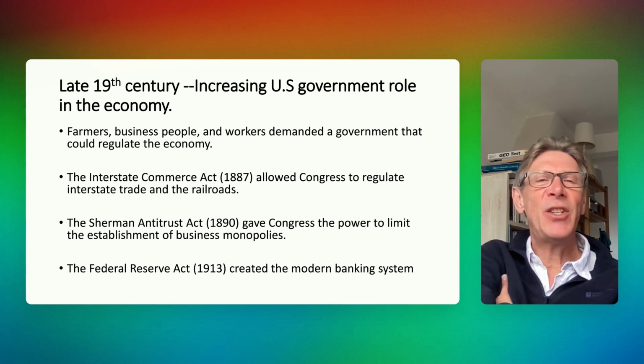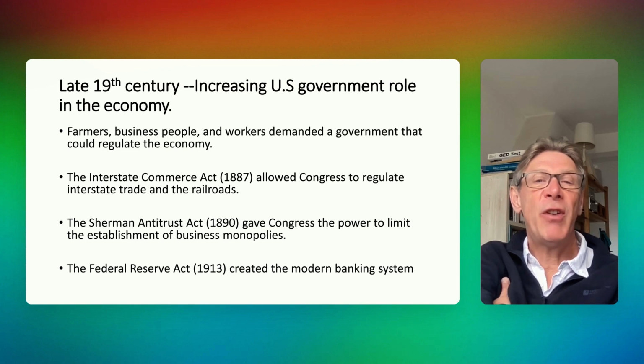So the Sherman Antitrust Act gave Congress the power to stamp on these monopolies and make sure that they were given competition or that they were managed so they didn't charge prices that were too high. And then finally, the Federal Reserve Act, which created the modern banking system in 1913.